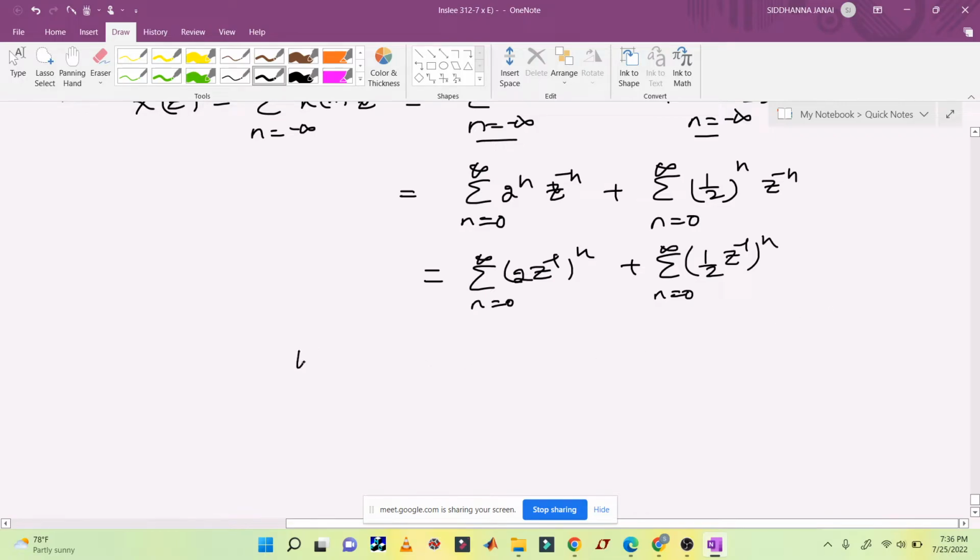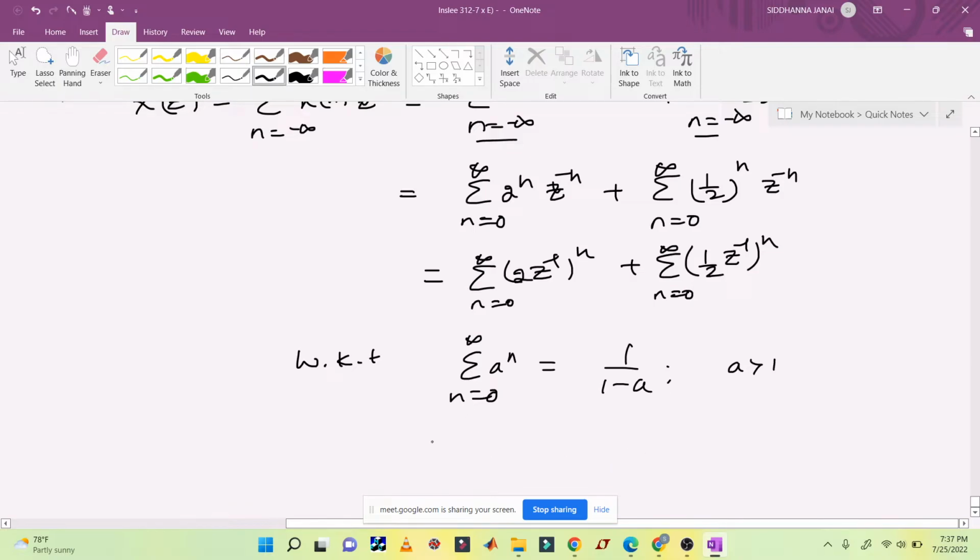What is that? We know that the summation from n equals 0 to infinity of a to the power n is represented as 1 divided by 1 minus a, provided magnitude of a is less than 1.